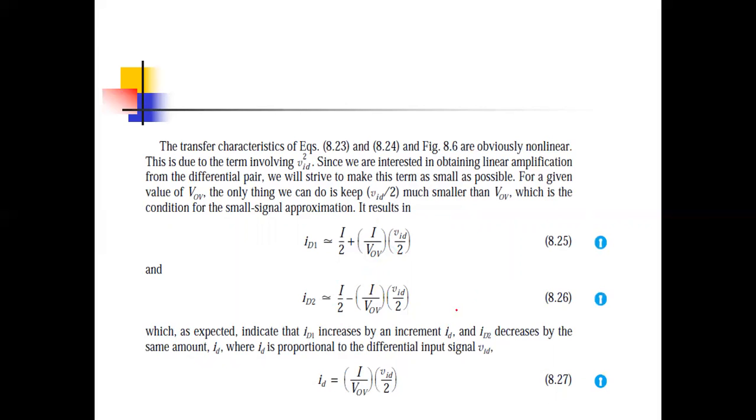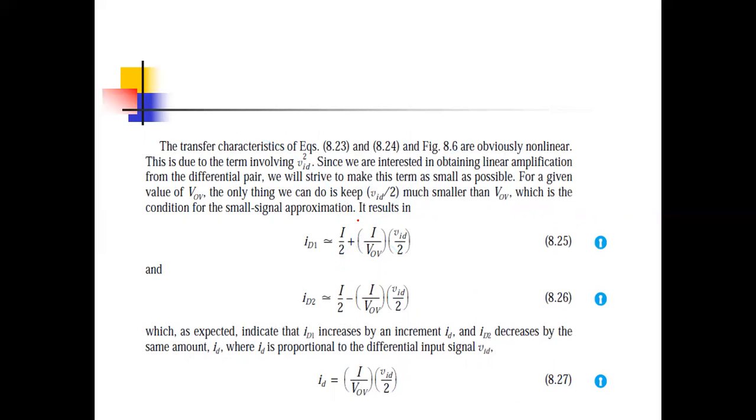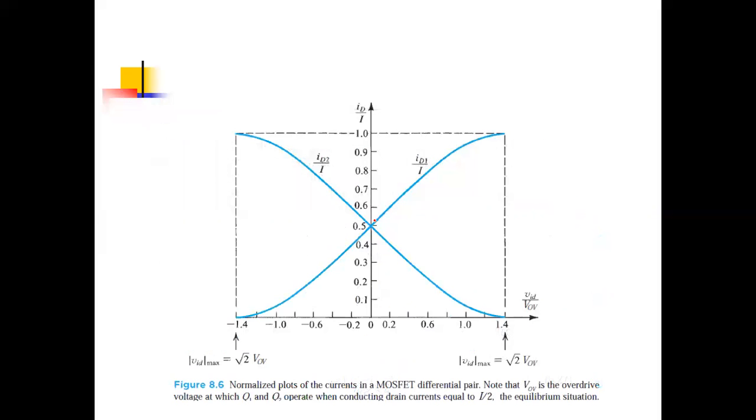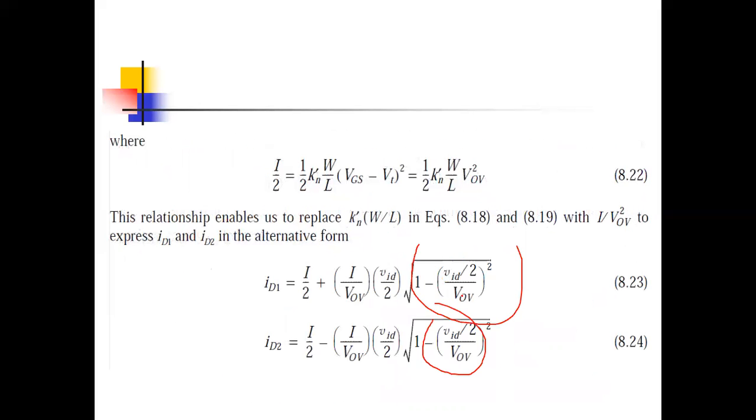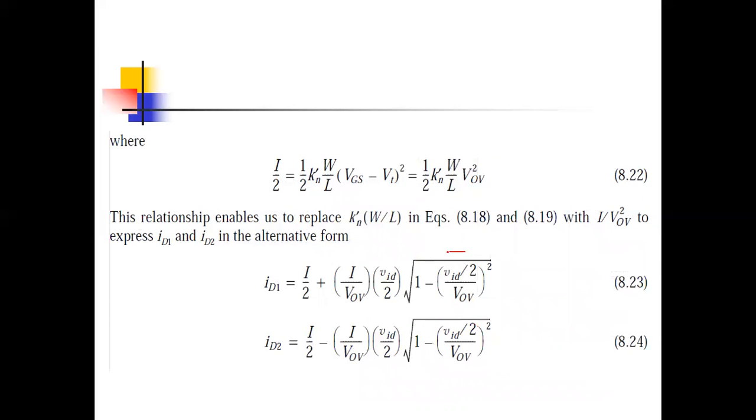So why are we doing this? Because the transfer characteristic which we have obtained here is obviously non-linear. It is non-linear because this is a second order term, VID square upon 2. If you remember, this adds harmonics.